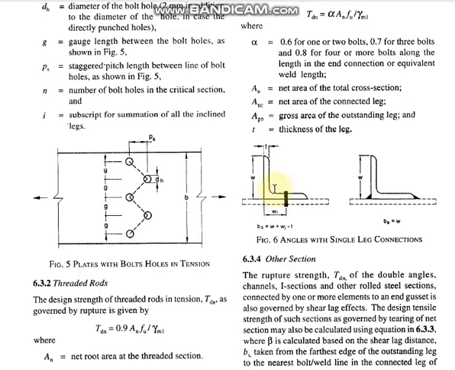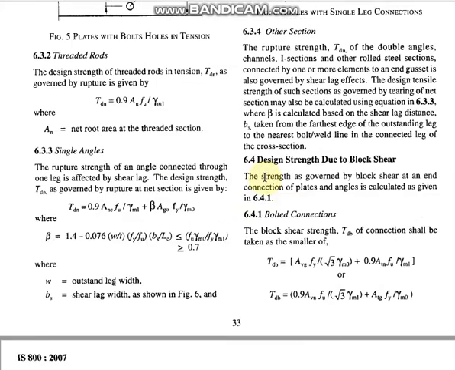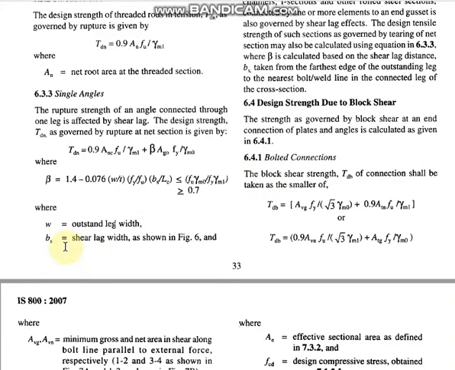Here if you can see the length of w, this is the gusset plate and this angle is connected here. w indicates the length of outstanding leg. bs indicates shear lag width.